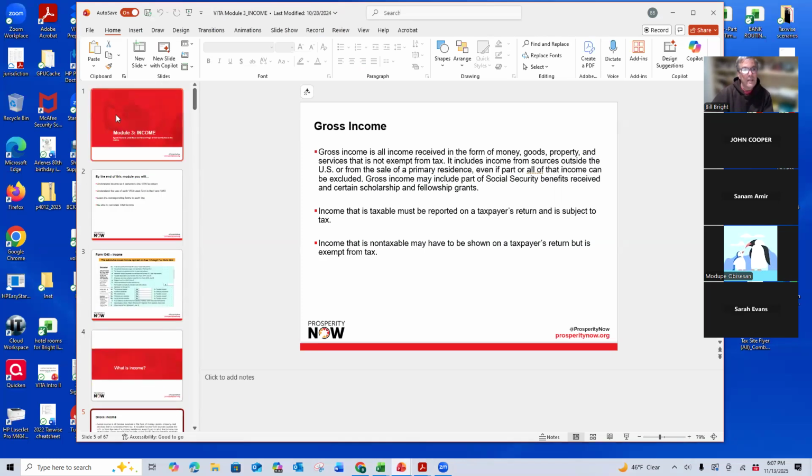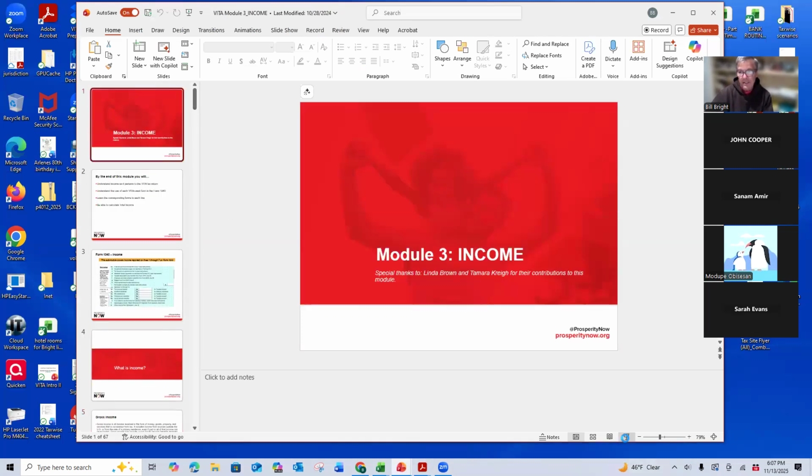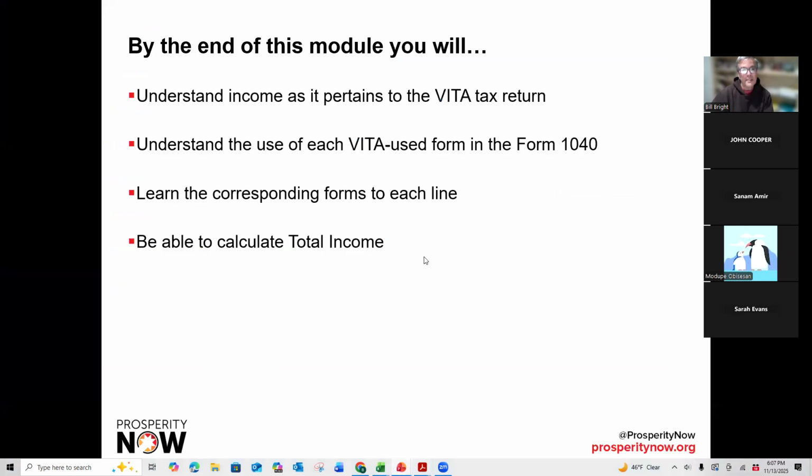So let's take a quick look here. Okay, so again, what we'll be looking at is how the income pertains to the VITA return, the different types of forms that are used, where it all flows back to on the 1040, as well as how the calculation for total income is done. As we go through all this, there's going to be a fair amount of tax forms shown, particularly on the income side.